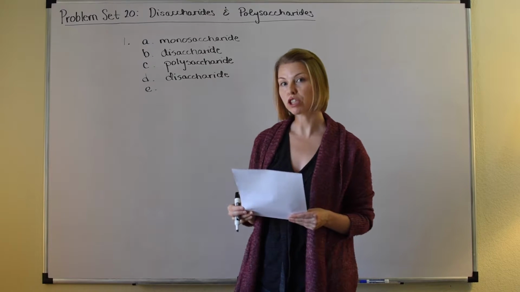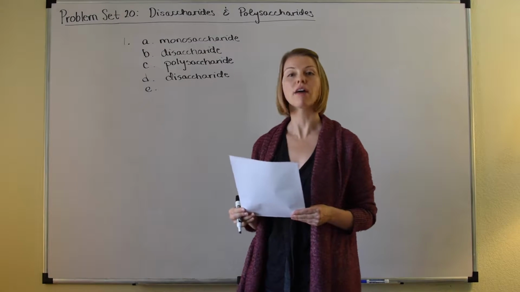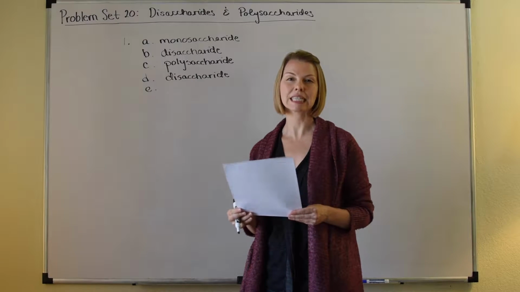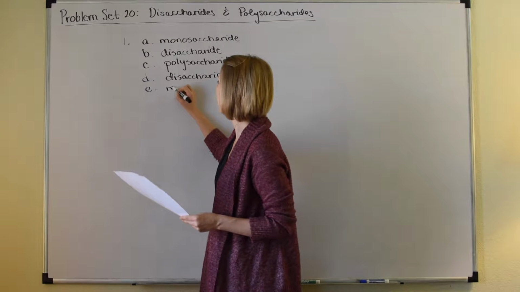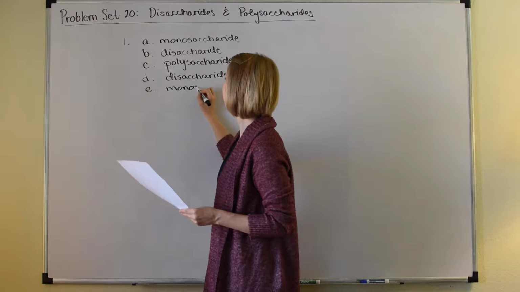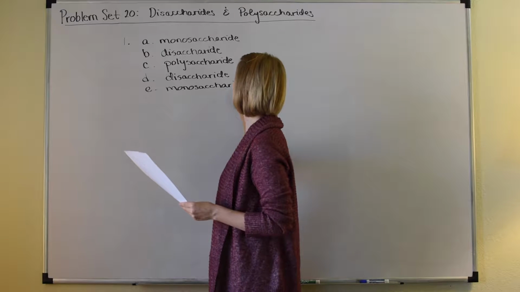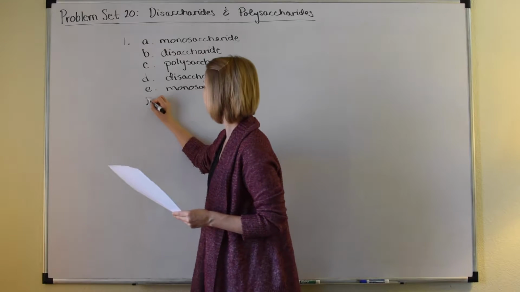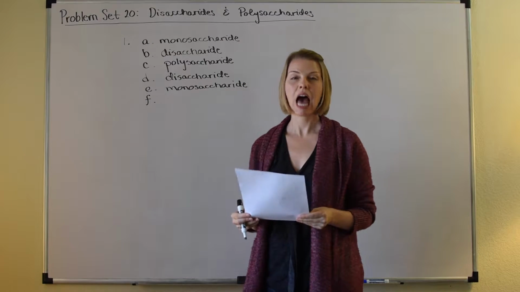E, fructose. Fructose is a structural isomer of glucose with the formula C6H12O6. It is a monosaccharide. F, glycogen.